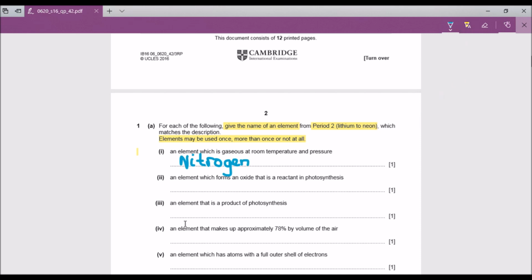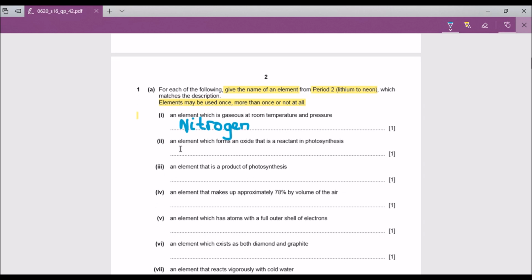So anyways, part 2, an element which forms an oxide that is a reactant in photosynthesis. This involves biology as well, so you have to know photosynthesis. Writing down the equation, CO2 plus H2O gives you C6H12O6, which is your glucose, and oxygen.